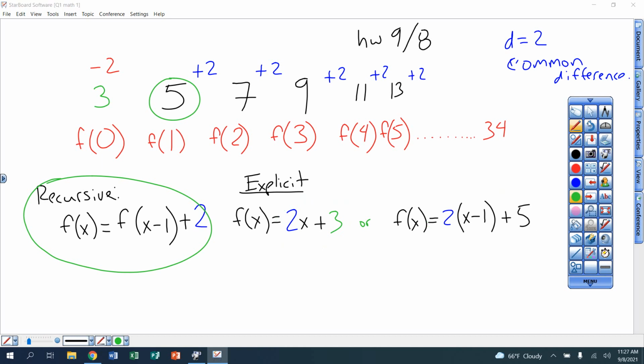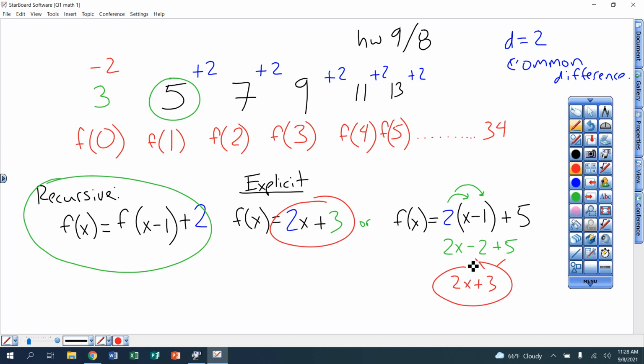If I take it and distribute this 2, that gives me 2x minus 2 plus 5. And if I combine that minus 2 and that 5, you could see that is the same exact function as this. That's why plugging in any number into this one will give you the same answer, because they're equivalent. So I want you to know that.